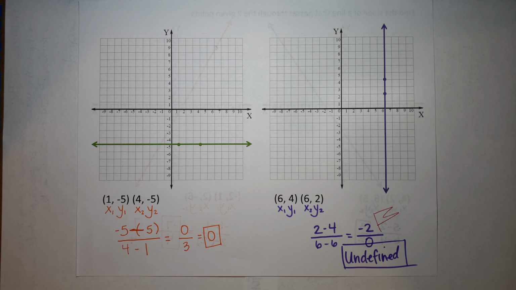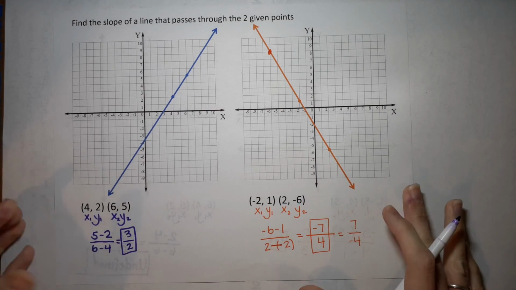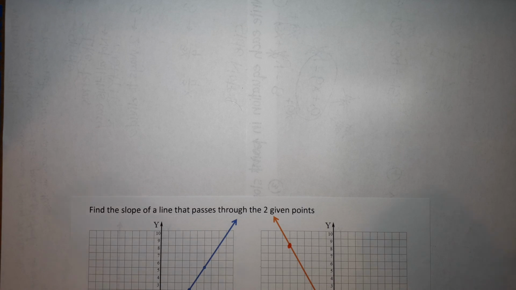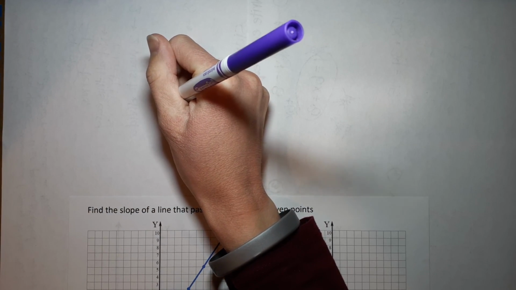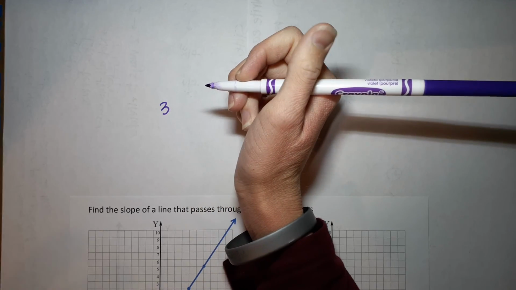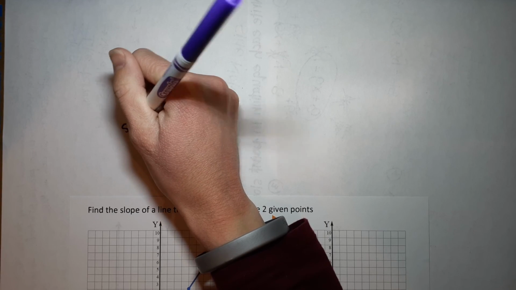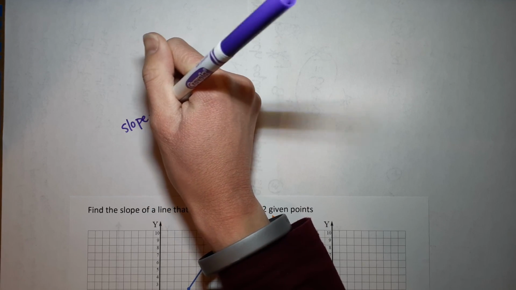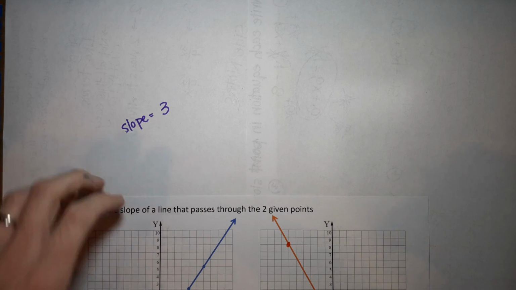Okay, one other side note: these other two that we did, they both came out as fractions, right? Now, if you solve one of these and you get that your slope is like 3, what do you do with that? Well, anything that isn't a fraction can be made into a fraction.